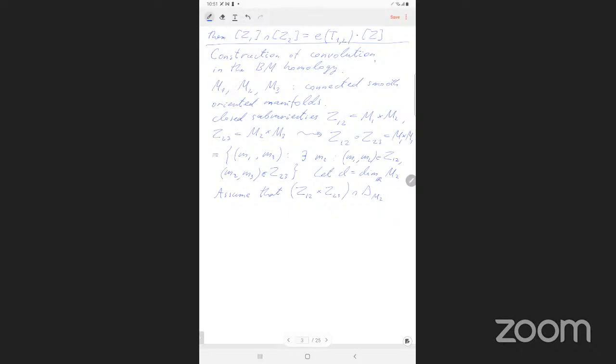Yes, so when I multiply these two, I get a subvariety in M1 times M2 times M2 times M3, and now I intersect with the diagonal over M2. And I assume that the projection from this to M1 times M3 is proper.